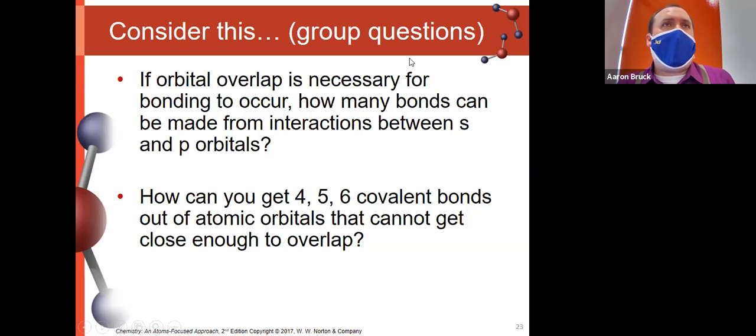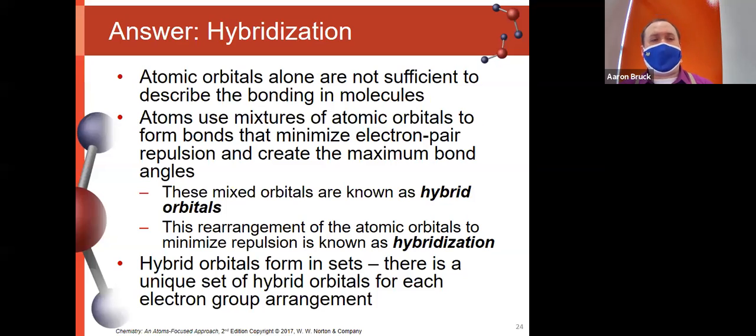The answer to that question comes from a concept that we have not yet discussed, something called hybridization. I think we can probably recognize at this point that our current understanding of electrons and electron location is insufficient to answer the question that was posed at the end of Wednesday. What we get into instead are the use of what are called hybrid orbitals.